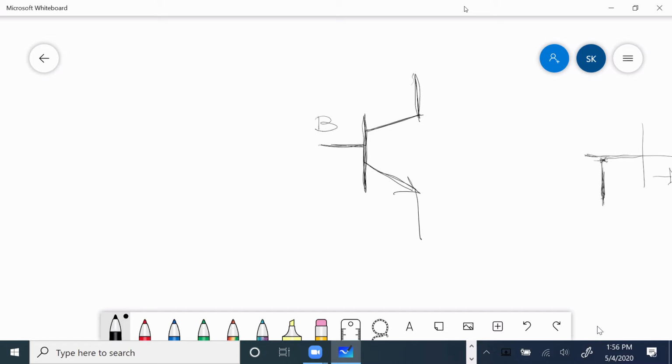This is base, this is collector, this is emitter. What this transistor does for us is, if we apply a small current to the base, I'm drawing the current now, I will receive a much larger current at the collector.